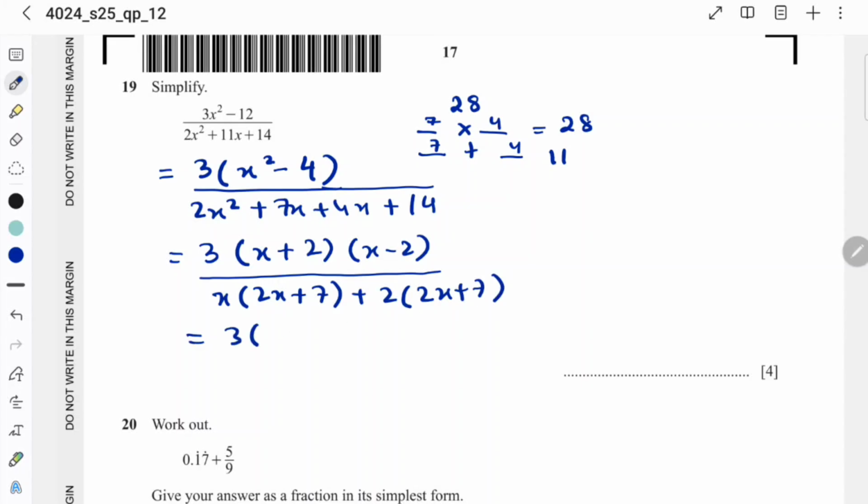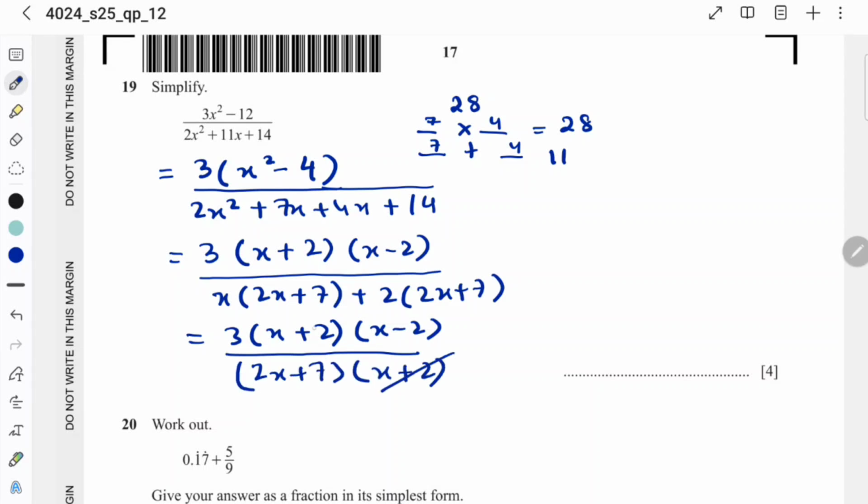Now 3 times (x plus 2)(x minus 2) over (x plus 2)(2x plus 7)... Now I can cancel x plus 2 and x plus 2. So 3 times (x minus 2) upon 2x plus 7 is the answer for this question, and it was a 4 marks question.